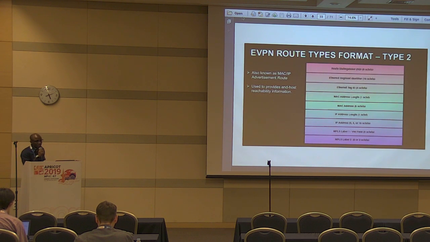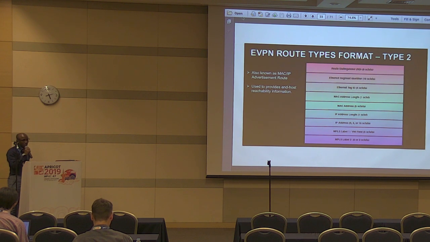Route type 2, this is what the EVPN route type 2 looks like. Again, as I've mentioned, this is used to provide your end host reachability. So your MAC address and/or the IP of the host is advertised using the type 2 EVPN route.